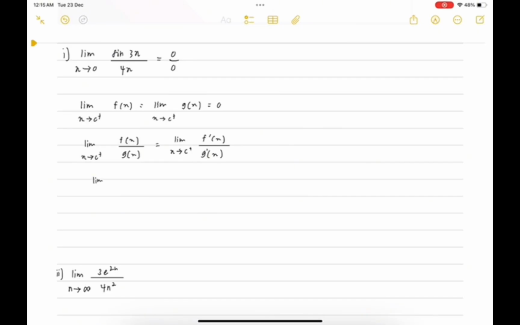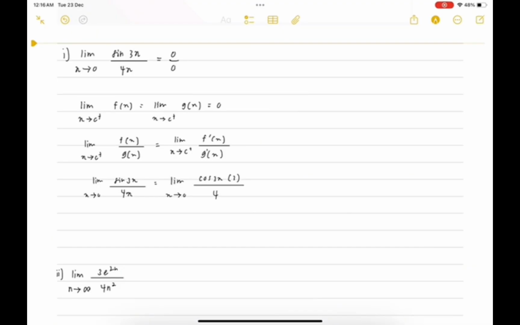The limit as x approaches 0 of sine 3x over 4x, we just differentiate and we get the limit as x approaches 0 of cos 3x times 3 over 4.